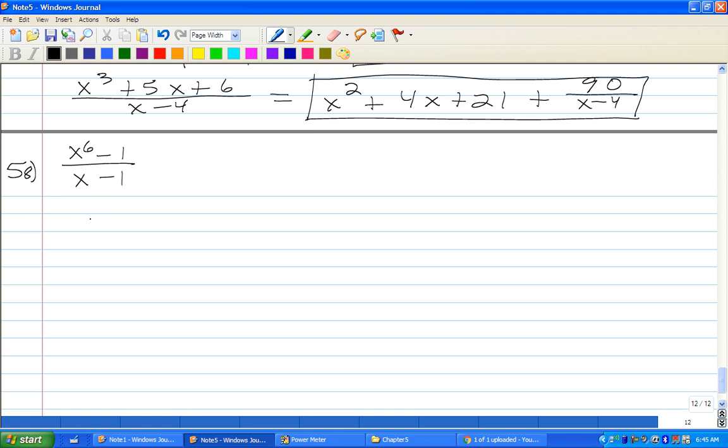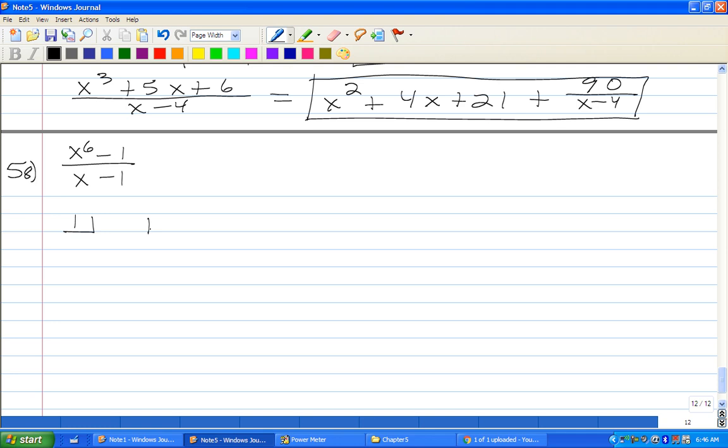So again, setting x minus 1 to 0, I get x equals 1, so I'll put that on the side. Really what I can think of is that I'm changing the sign, and so instead of subtracting, I'm adding, that's what makes this synthetic division nice.